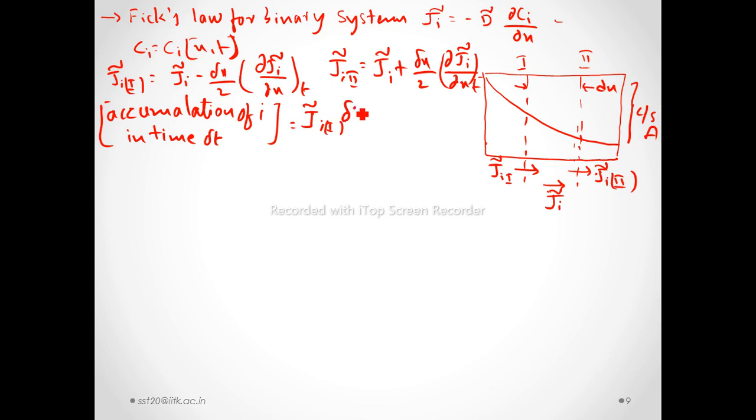So delta t and A, because flux is a function of time and area, that's why I multiplied, and we will get the number of moles that is passing, delta t into A.